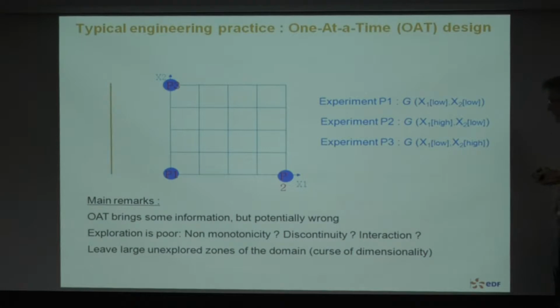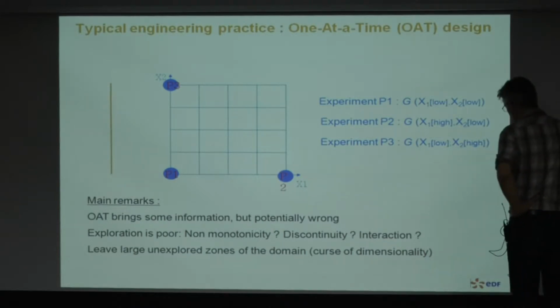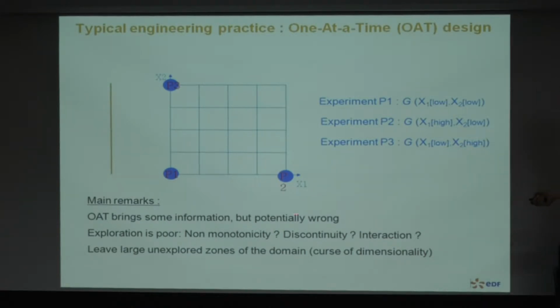So you say, okay, each one has no effect, you have the same value, but maybe something happened here. Maybe here you have an increase, then a decrease of the effect. So you cannot capture this kind of phenomenon. And if there is an interaction between x1 and x2, you don't capture this interaction either.